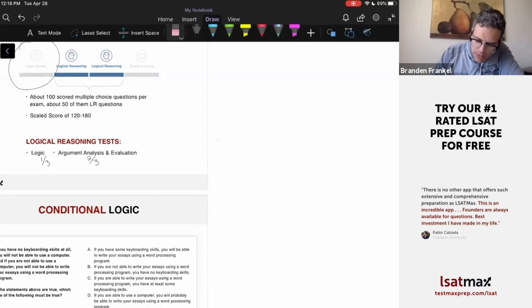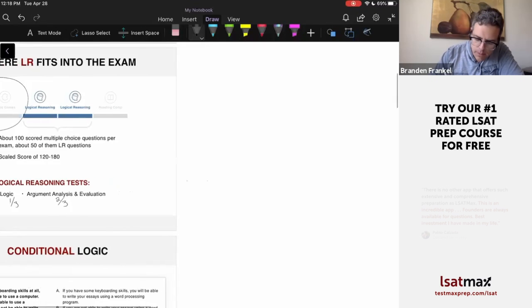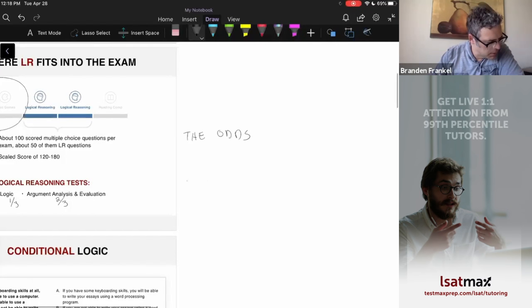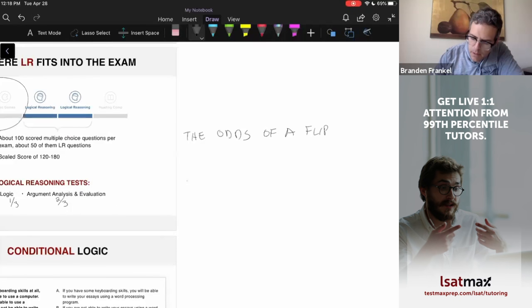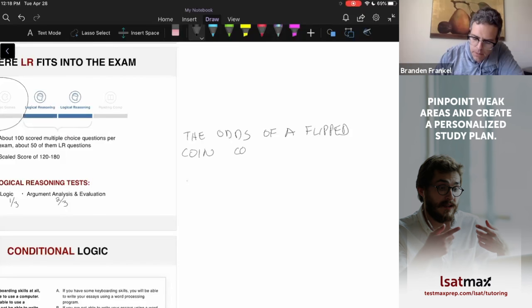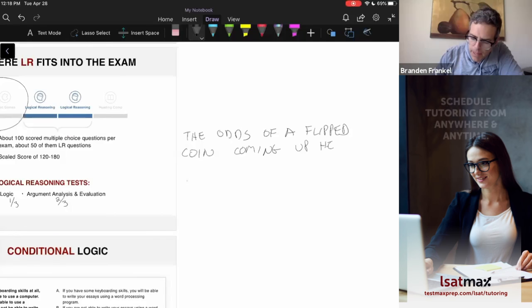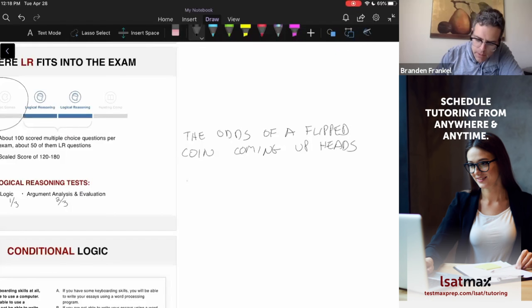So let's say I told you this. The odds of a flipped coin coming up heads is 1 in 2.